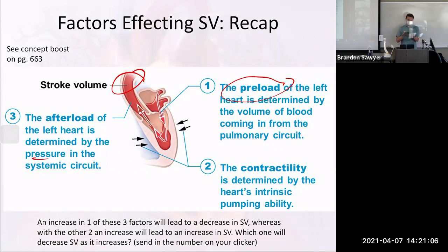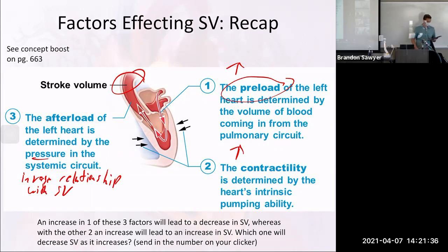So afterload is the one that actually has an inverse relationship with stroke volume. I don't want to confuse you by thinking that it does go down during exercise, because it doesn't, it goes up, okay? But it's the only one of the three that has an inverse relationship with stroke volume. Both of these go up to help us increase stroke volume. Okay, questions on that one?